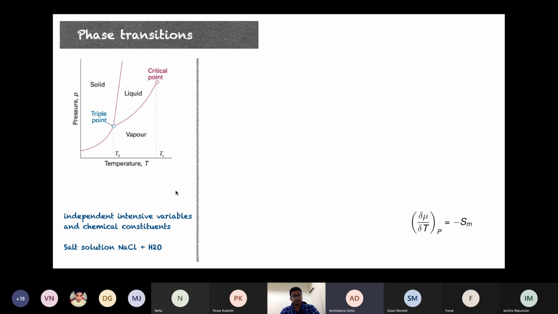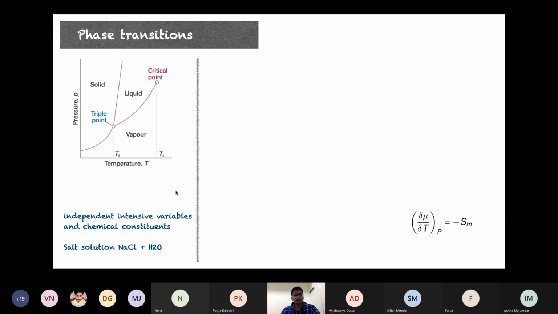Sir, that is not allowed because there will always be a distinction between the solid and the liquid phase. Okay, and what kind of distinction? There will be a boundary separating the two at every temperature and pressure. Yes, the answer is correct, and let me add something to it. There is something called symmetry.